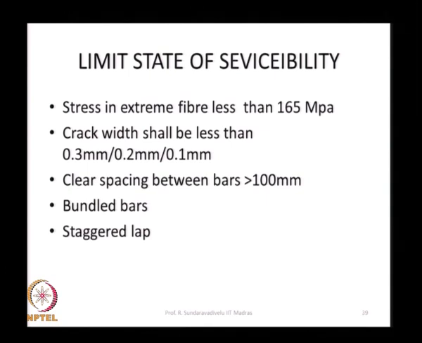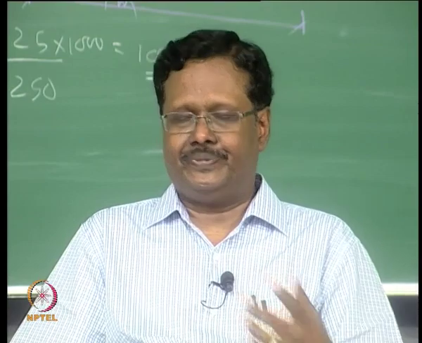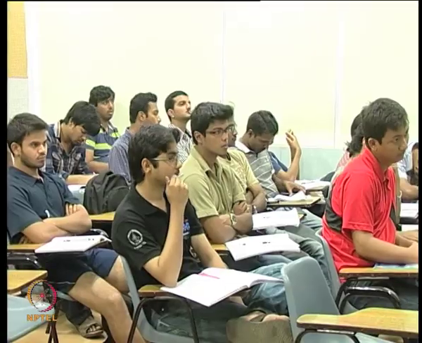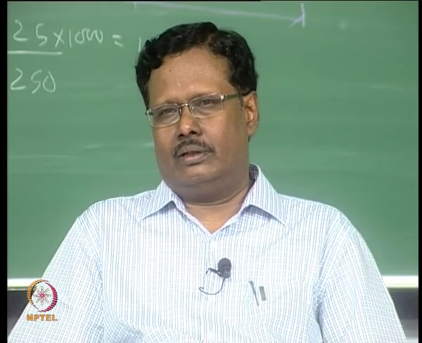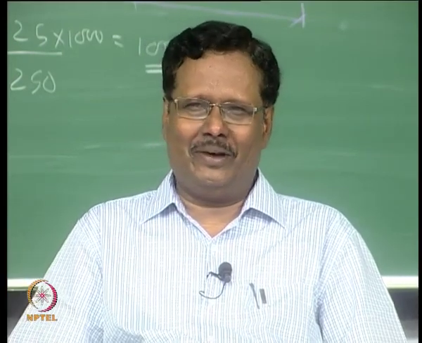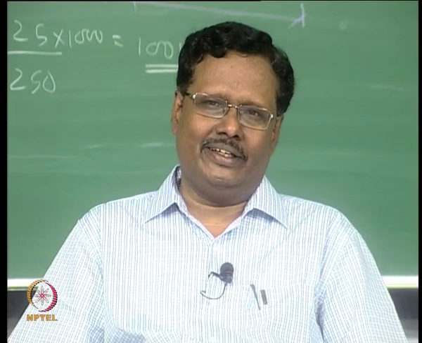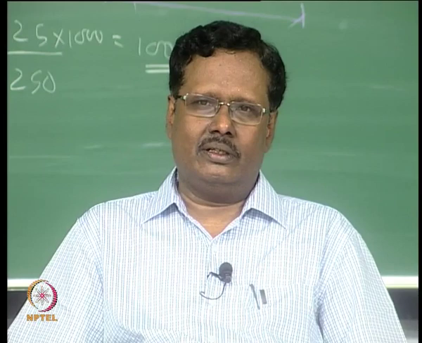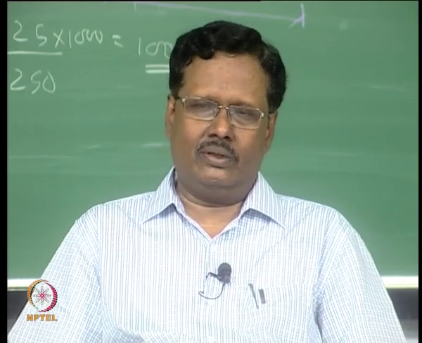How much will be the tensile strength of concrete? 0.7 times? What he is telling is right, 0.7 times root of fck. 10% may be some approximate value, exact value is modulus of rupture, that is equal to the tensile strength only.